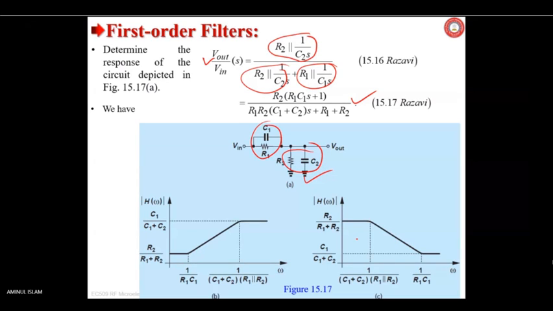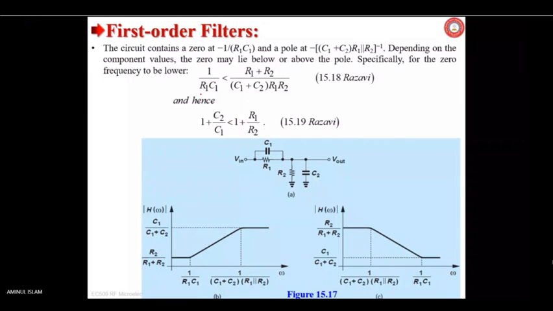And the responses are shown here. Poles and zeros are shown. The circuit contains a zero at this. From this expression you could get it. A pole at this, depending on the component values. The zero may lie below or above the pole, specifically for the zero frequency to be lower.